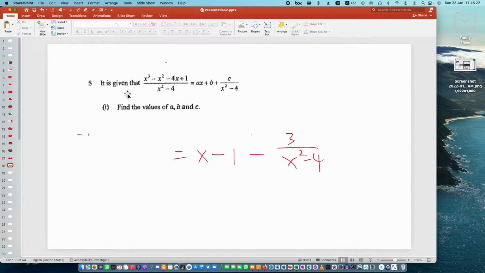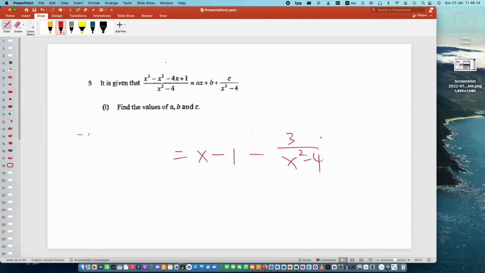Now you can do partial fraction, right? Why? Because it's proper fraction already. Yes. So A is 1, like you say. So B is minus 1. Then C is minus 3. Yes. Minus 3, yeah? Okay, good. So now I can continue to partial fraction this.